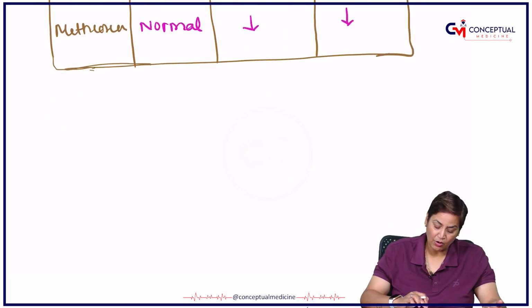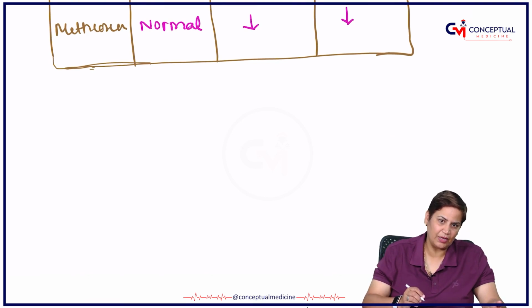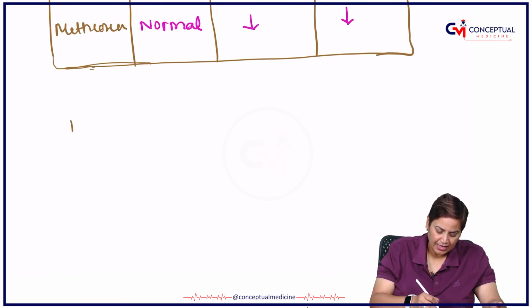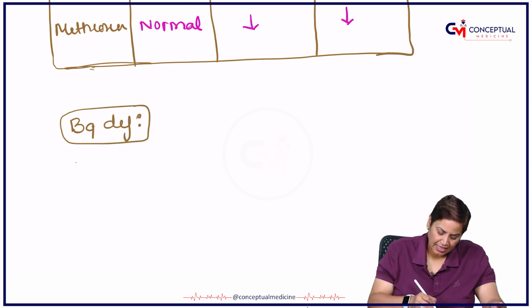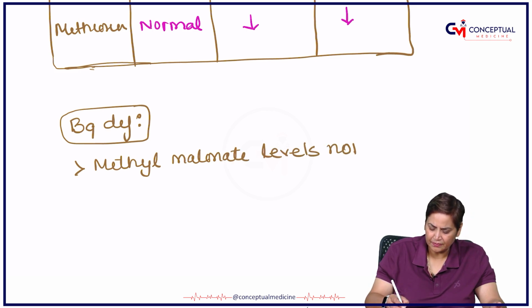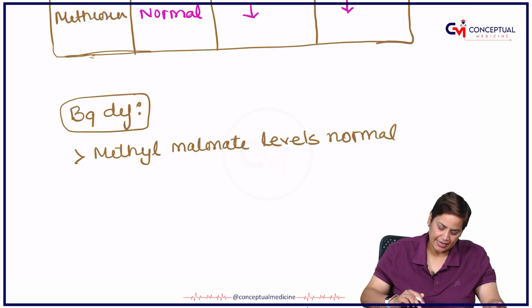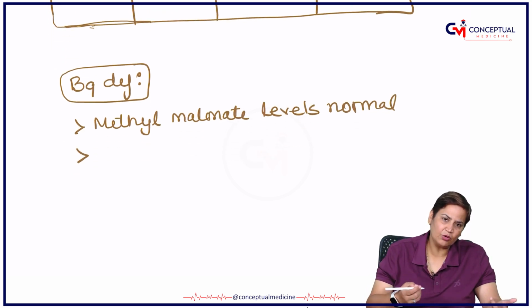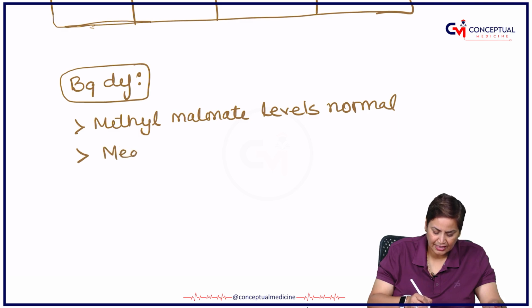And if we talk about B9 and B12, always remember in B9 deficiency, methyl malonate levels will be normal, and the most important again, megaloblastic anemia will be there.